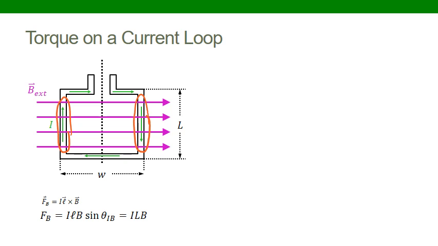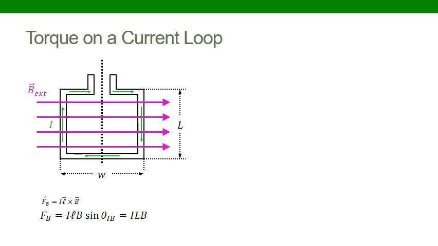So at all times with this loop, the angle between the current and the magnetic field is 90 degrees, and the sine of 90 is 1. So no matter what my orientation of my loop is, the contribution from either side will always be the same. It will not change no matter the orientation of my loop as far as turning it or twisting it goes.